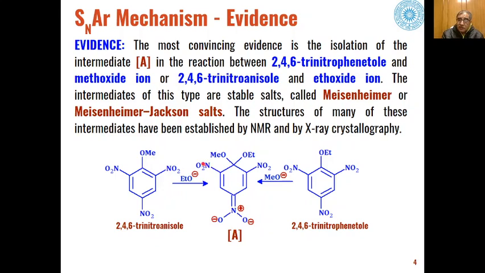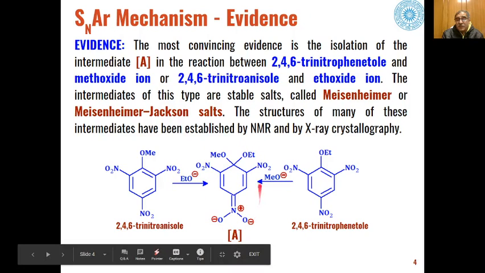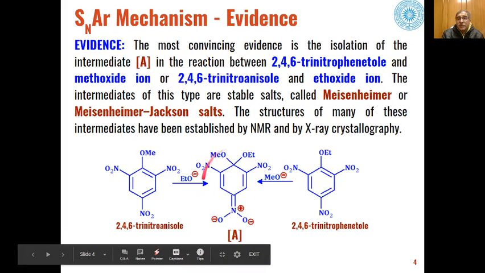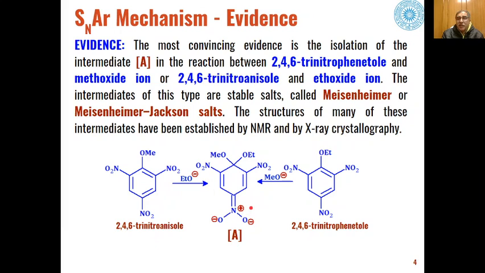And when we use ethoxide as the base, this type of salt is formed during the reaction, and these salts have actually been isolated and their structures have been established by NMR and X-ray crystallography.